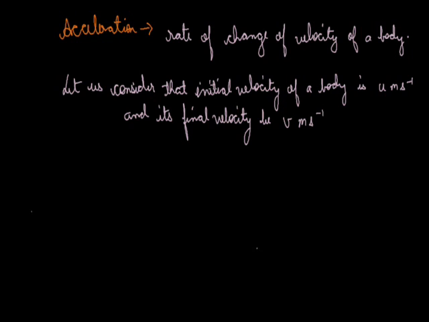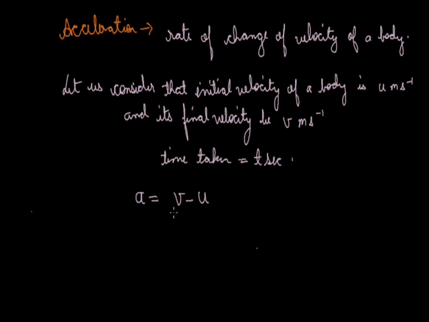And the change in velocity which is taking place, that is from u to v, is in time t. So a, that is acceleration, is given as rate of change. Means we can say that the change in velocity is v minus u.